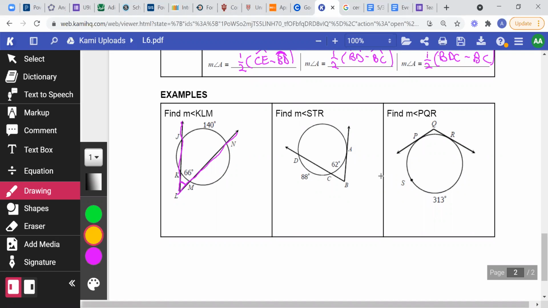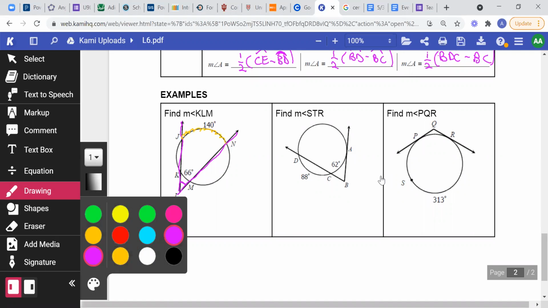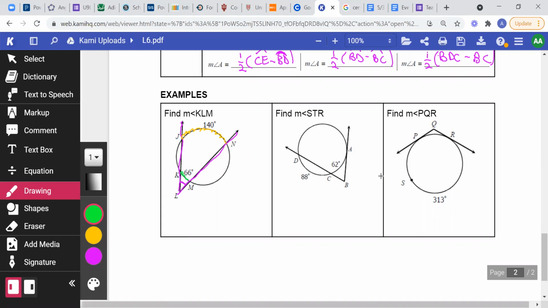So here to find KLM, since both of them are outside the circle, we're going to take the big arc that is formed far away, and then subtract the small arc that is formed next to that angle. If we call this angle X, then X is half of the difference.